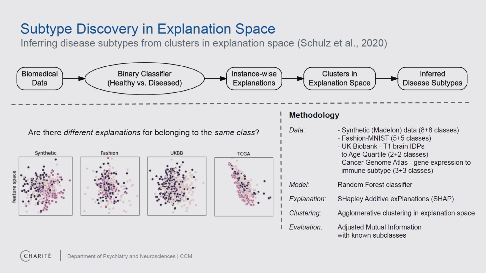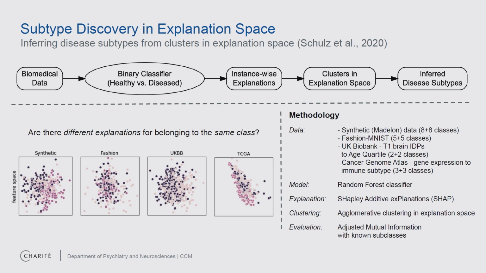So if we were just to take the original imaging data, we would likely get no interesting results because the dimensions of variation with regards to age, sex, other anatomical variations would be usually orders of magnitude larger than what we're actually looking at. Ideally here, we're going to get exclusively Alzheimer's disease relevant variation in explanation space.